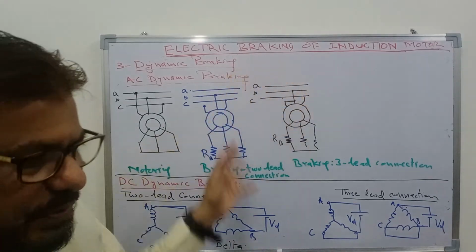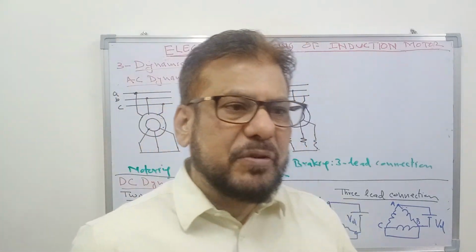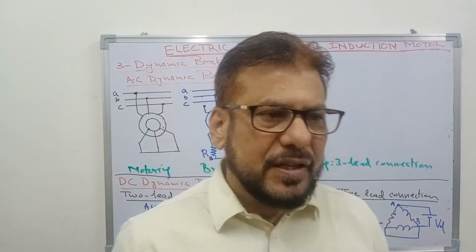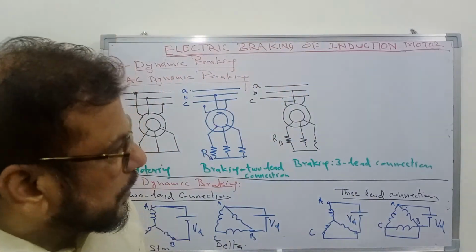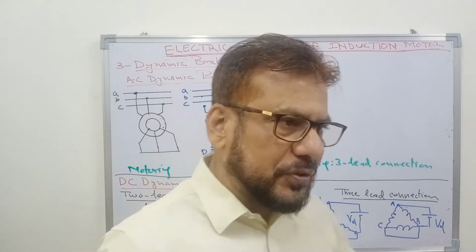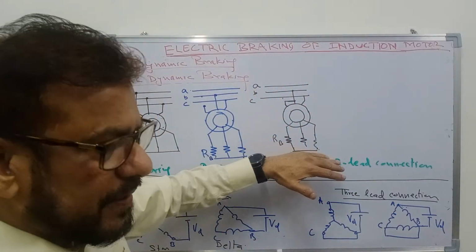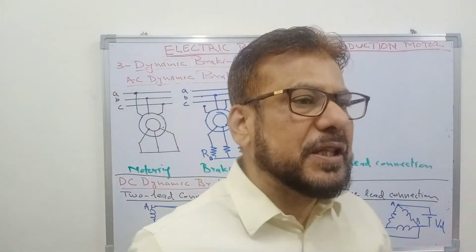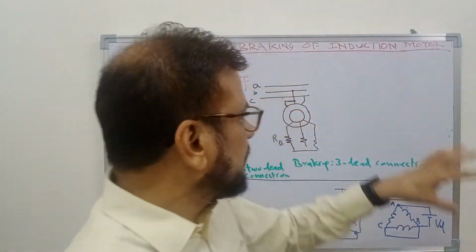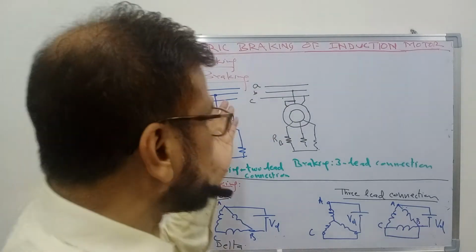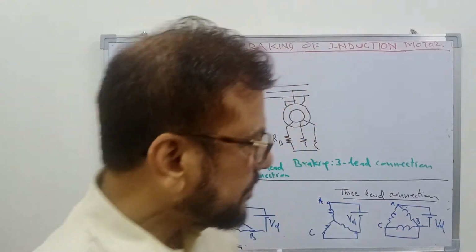So again it is unbalanced supply and can be resolved into positive and negative sequence supplies, and that will produce two rotating fields in opposite directions. And if the braking resistance is high, then the net torque will be in the opposite direction. So this is the gist of the AC dynamic braking.